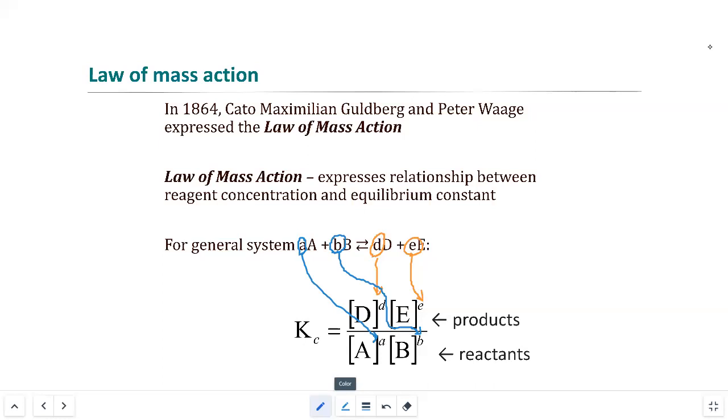Here, the coefficients are the exponents. So we just move them appropriately. Concentration of products divided by concentration of reactants, each to their appropriate exponents.